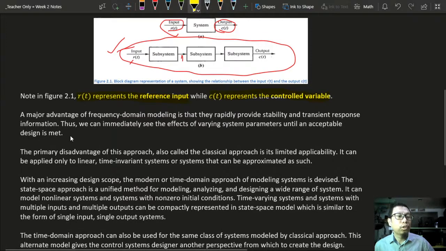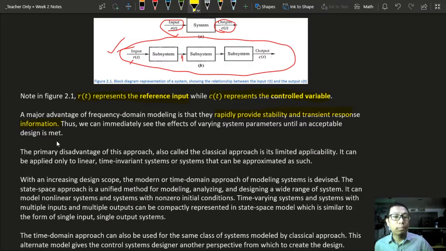A major advantage of frequency domain modeling is that they rapidly provide stability and transient response information. So meron siyang ino-offer na intuition. Importante yun kasi once na makita nyo yung model, marami na kayong calculations or conclusions na pwedeng ibigay dun sa system niyo.